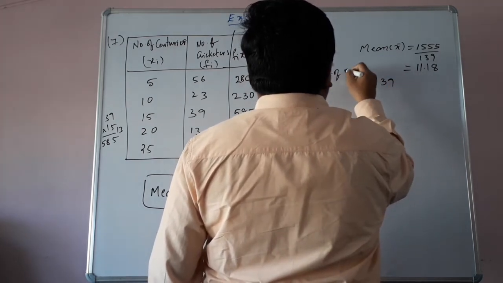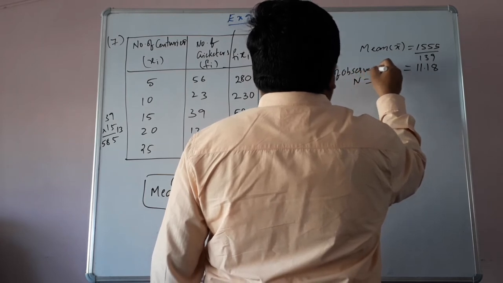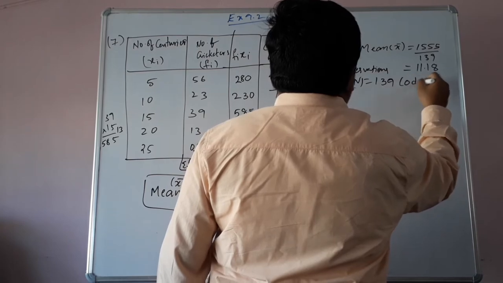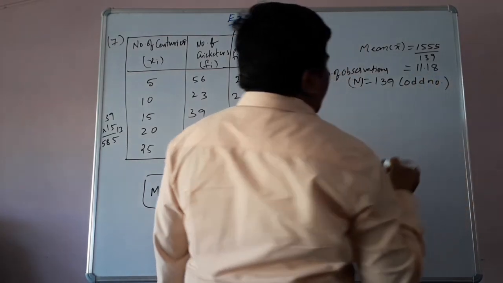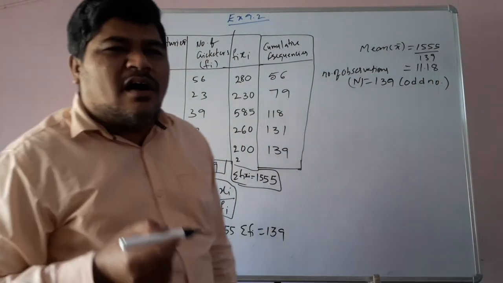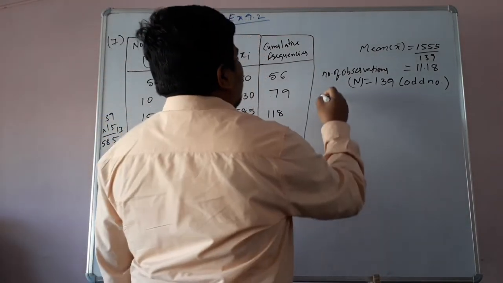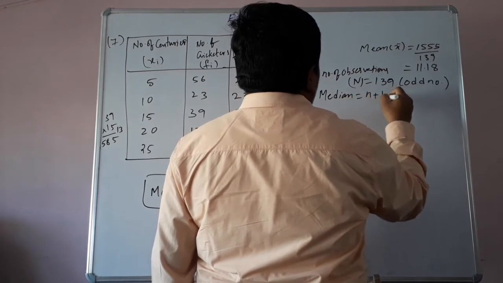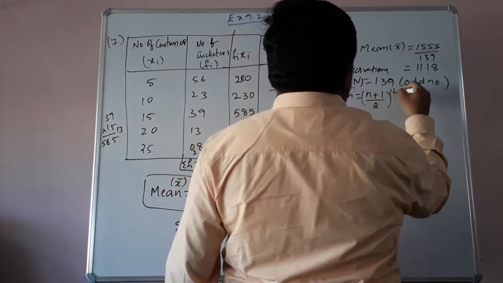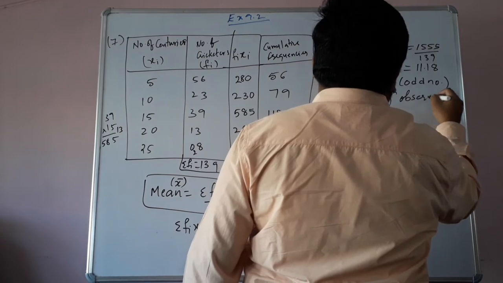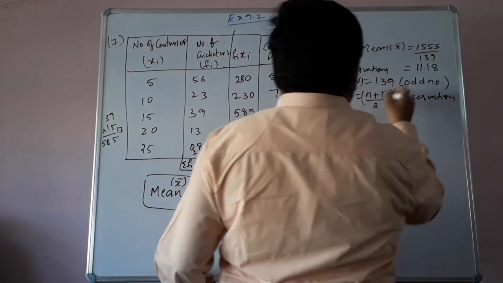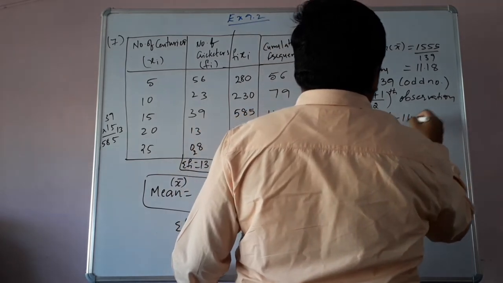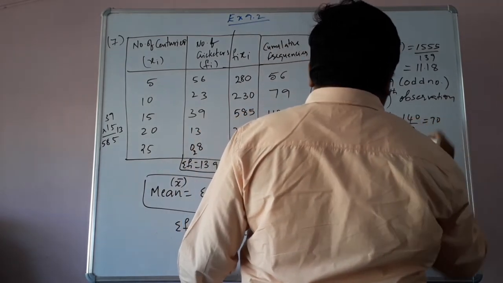Here the number of observations is an odd number. If the number of observations is odd, then the median is the (n plus 1) by 2 th observation. n is 139, so 139 plus 1 by 2, 140 by 2, which is equal to 70. So we got the 70th observation.